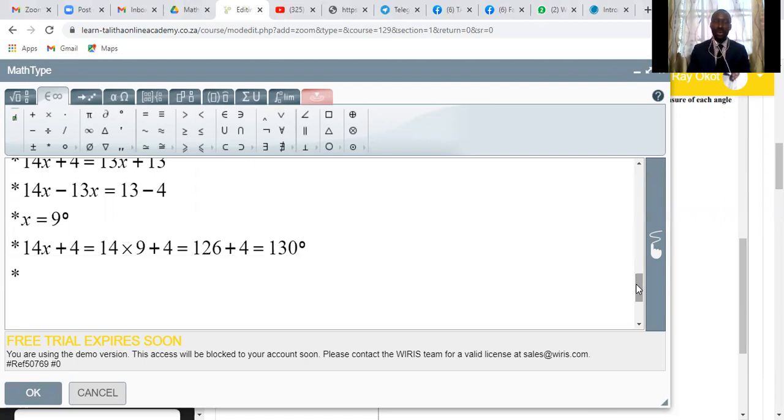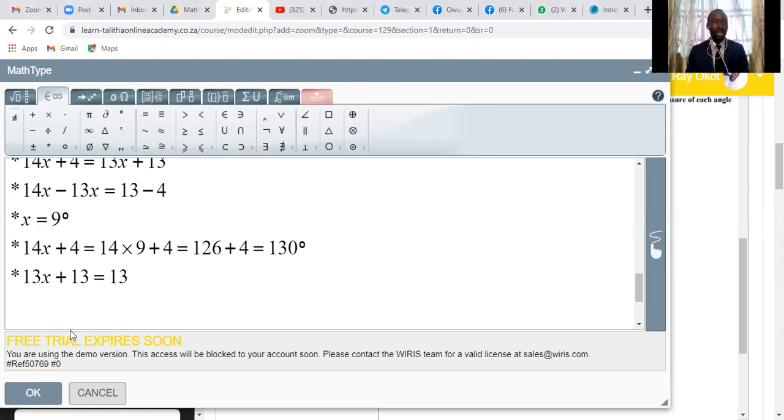Now we want to check with 13x plus 13. We are also going to get 130 degrees. This checking is not necessary during examination time, but it helps you have a proper understanding and proper evidence of this theory, so we want to prove it out.